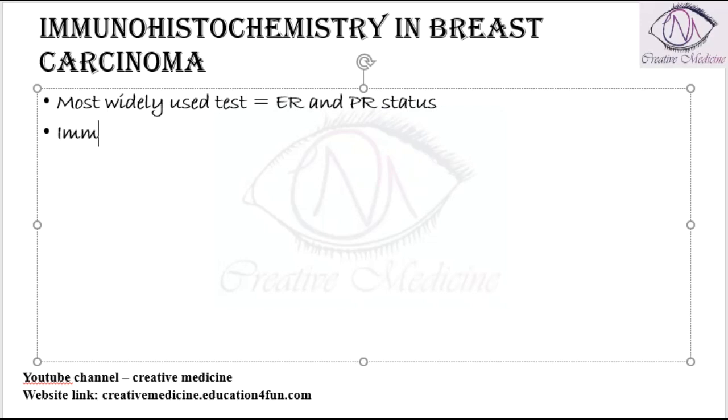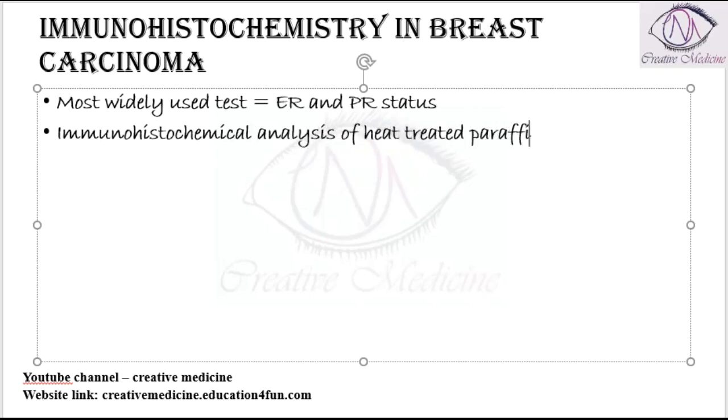Then, immunohistochemical analysis is done. In immunohistochemical analysis of heat treated paraffin sections of tumor tissue is done, and this has been mostly done.